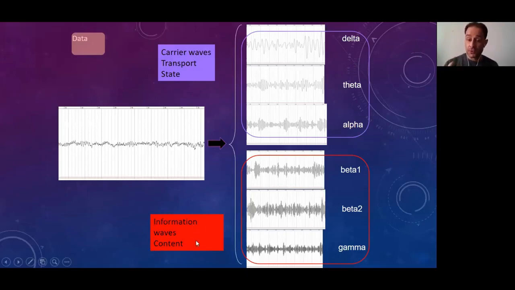So in order for our brains to process information the right way, we need a slow brain wave, which is the transport or carrier wave, and we need a fast brain wave to nestle or couple to it. Hence the name nesting and coupling. So the fast brain wave, which is your information wave, is going to nest or couple to the slow brain wave, and the slow brain wave is going to transport it to another part of the brain. Without it, we do not process information.